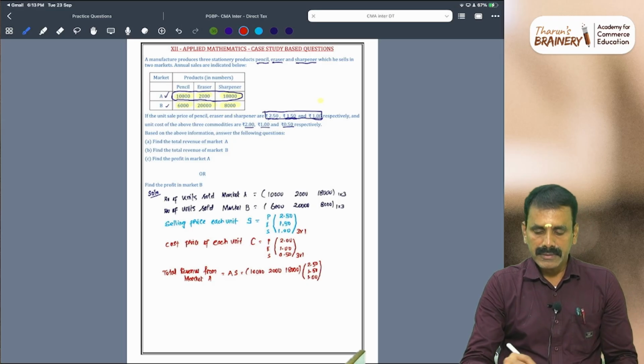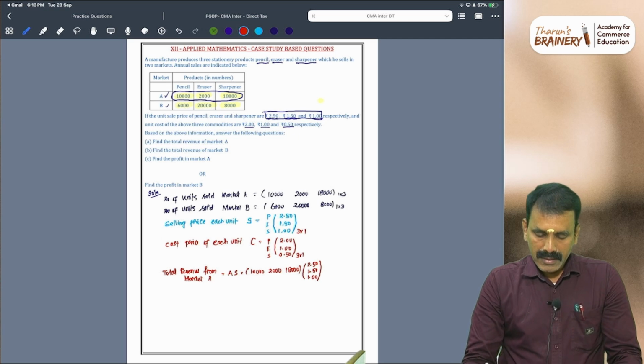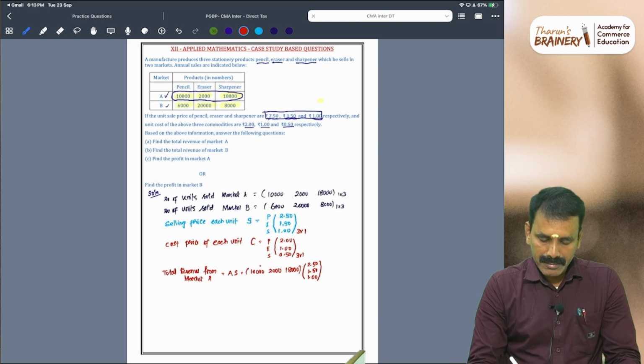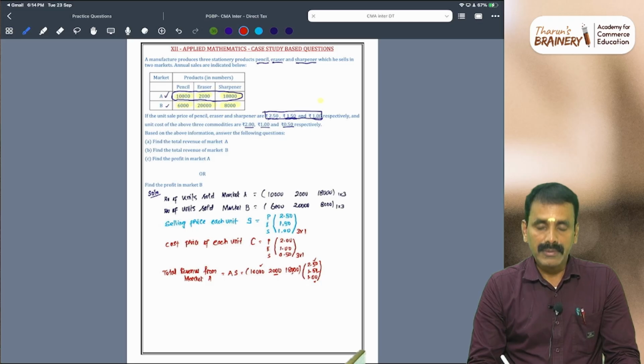In the previous slide I showed how to multiply. Is it clear? The first element will be multiplied with the first element, the second with the second, and the third with the third.